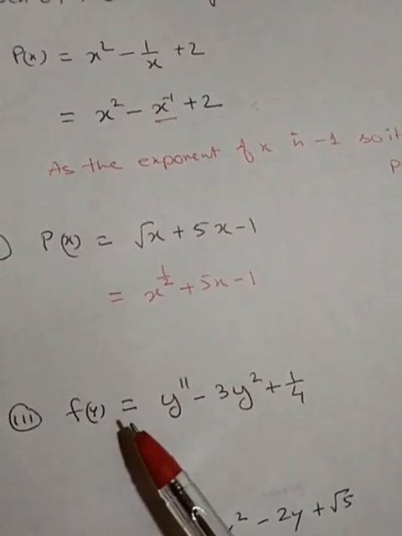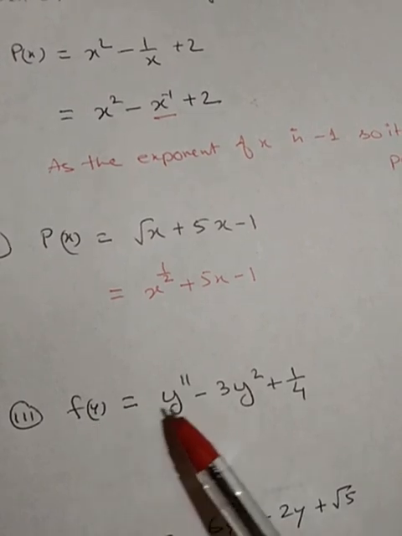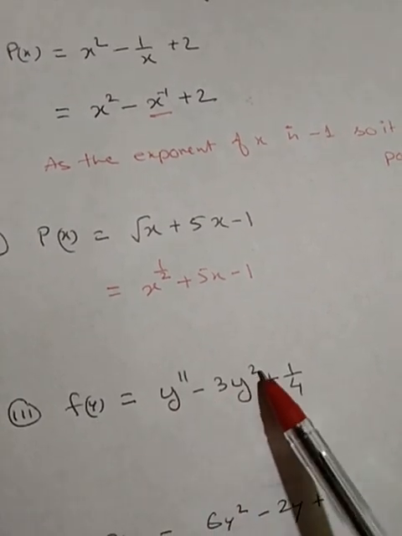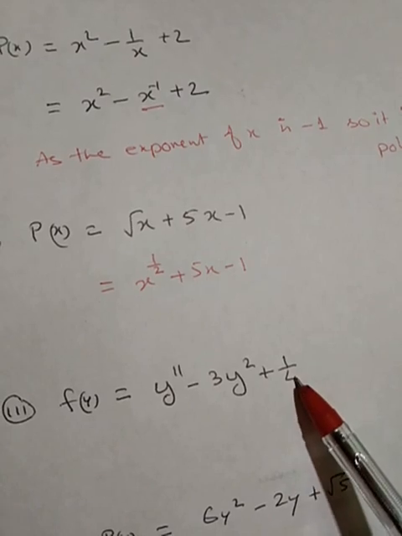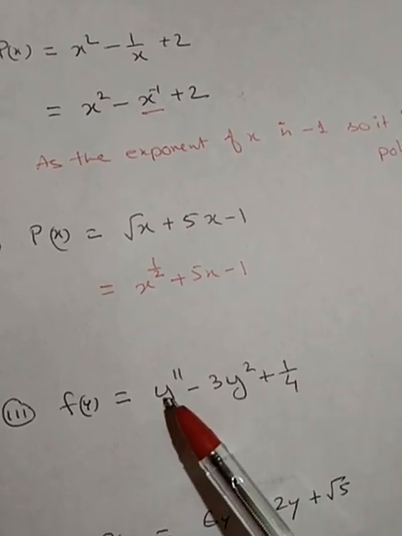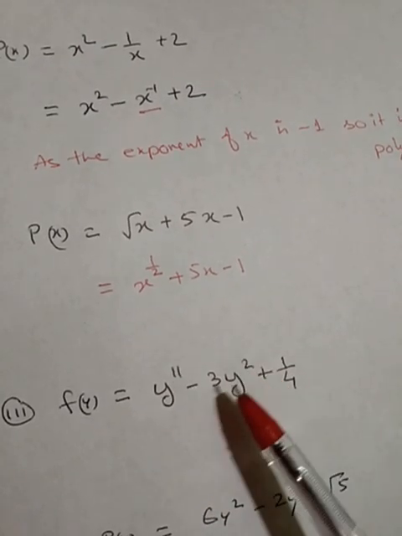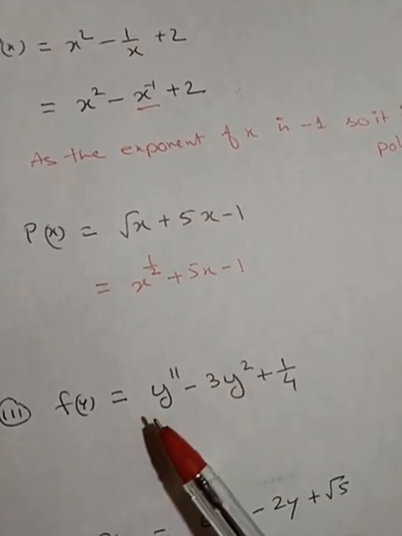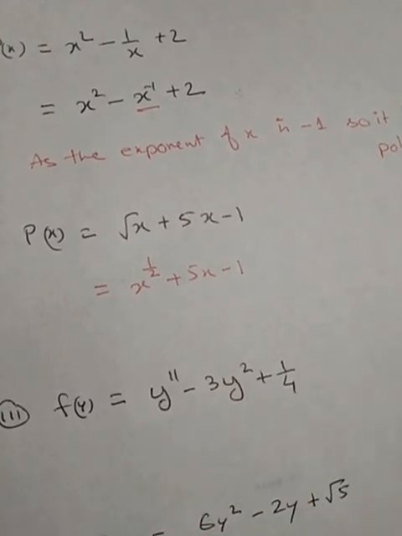Now come to the third example. f(y) equal to y to the power 11 minus 3y square plus 1 by 4. So if we see the variable, y to the power 11, y square, all are whole numbers, so it can be a polynomial.